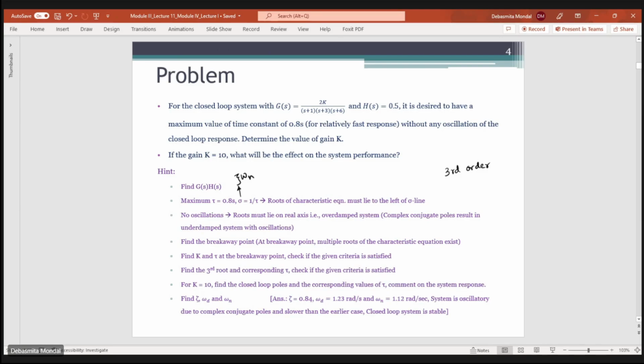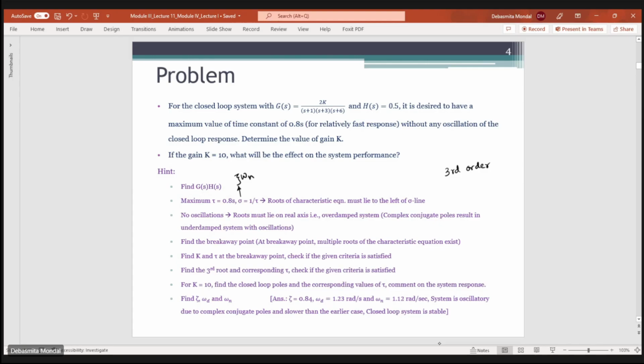Okay, and the reason you need to find all these roots is that, given the criterion that tau should be less than or equal to 0.8 second, you have to find out whether this condition is satisfied at the corresponding value of the root or not. Similarly, you see whether these conditions are satisfied. If it is satisfied, then you can say that for this value of k, the system specifications are satisfied and the system does not have any oscillations in the closed loop response.